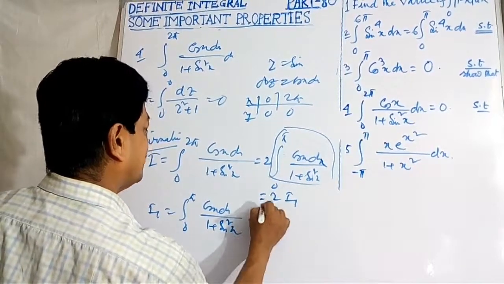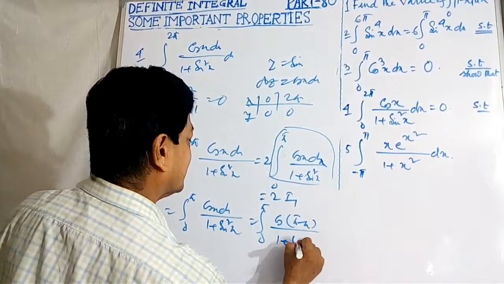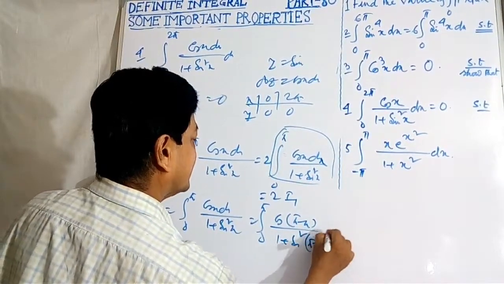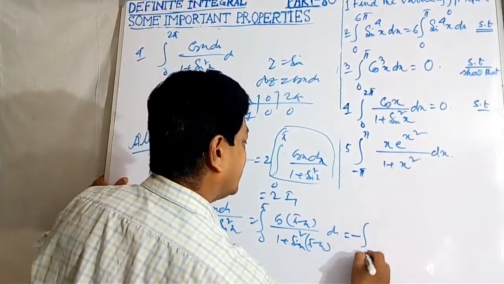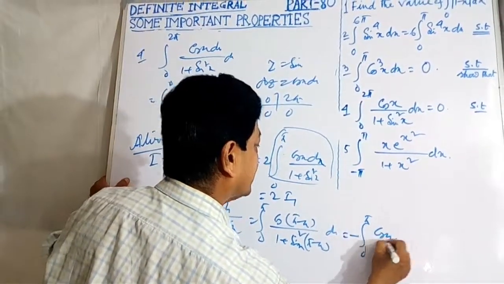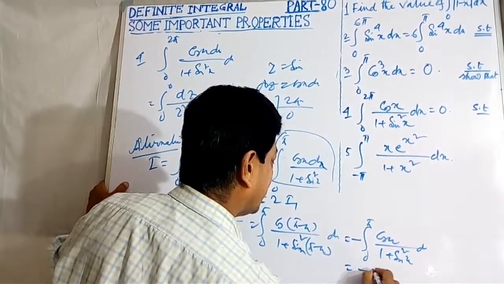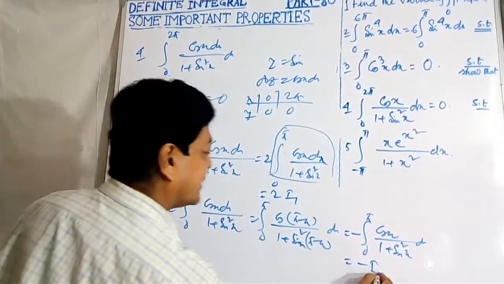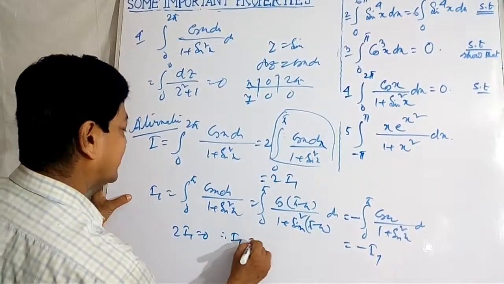This can be written as the integral from 0 to pi of cosine of (pi minus x) by 1 plus sine square of (pi minus x) dx, and this is equal to minus the integral from 0 to pi of cosine x dx by 1 plus sine square x, which is minus I1. Transposing, 2 I1 equals 0, therefore I1 equals 0.